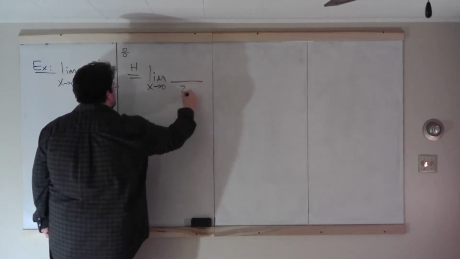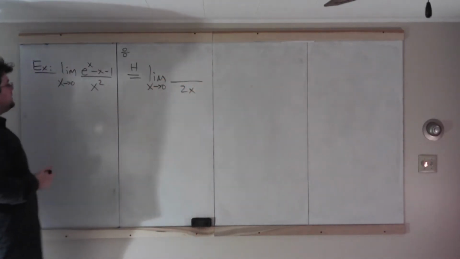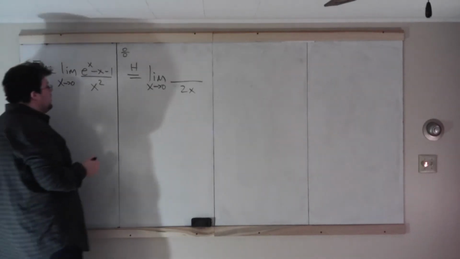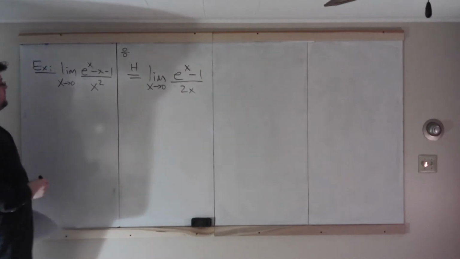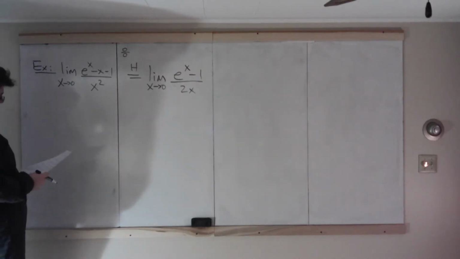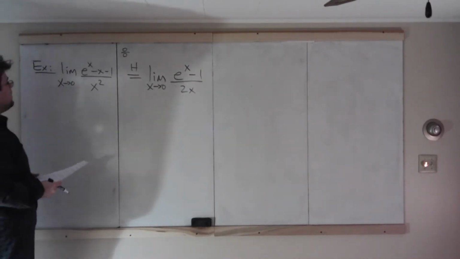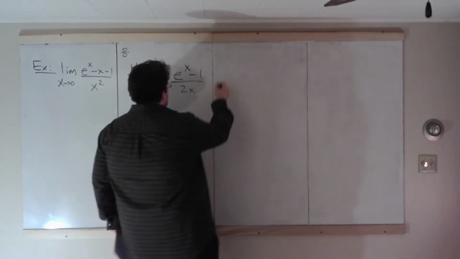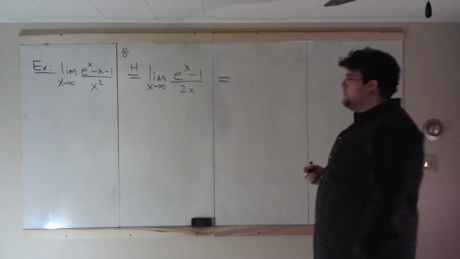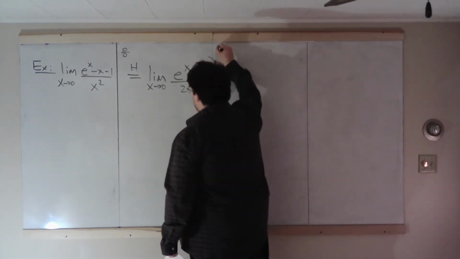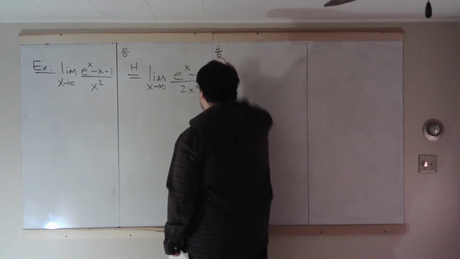The derivative of the bottom is 2x. The derivative of the top: the derivative of e to the x is itself, the derivative of negative x is negative 1, and the derivative of negative 1 is 0. If you try to take this limit, you get e to the 0 minus 1, which is 0, over 2 times 0.